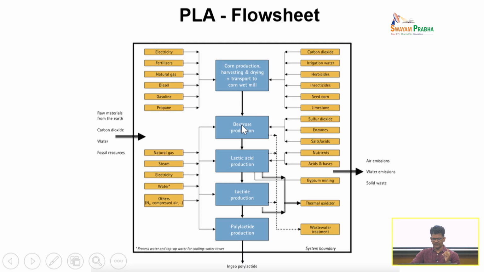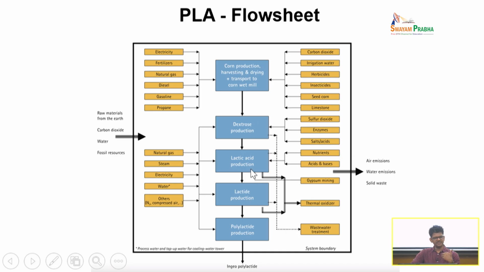You have to think like a farmer and look throughout the cycle from the initial to the final, what goes in, what are the things that you add, what are the resources you add, what are the materials that are used. Okay, once we get this corn wet meal, then there you have this dextrose production. In this entire thing you again use natural gas for energy, steam is also used, electricity, water, sometimes compressed air and nitrogen.